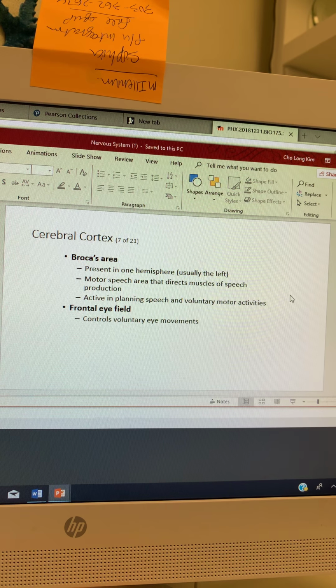Broca's area controls the muscles of speech. If that area is damaged, you'll start hearing mumbling, like the Tasmanian devil type of mumbling, and you won't be able to speak in a way that is well understood. The way you would remember Broca's area damage is broken speech. Broca's area, broken speech.